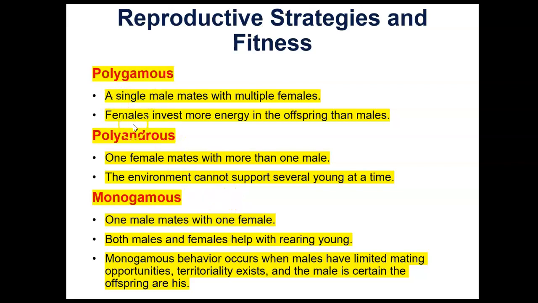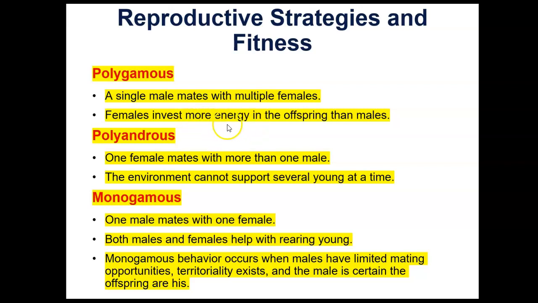In situations where you have polygamy in the animal kingdom, females are investing more energy in the offspring than the males. The males just pretty much go around and impregnate the females. We see this a lot with primates. You'll have one single male that's in charge of the harem of females.